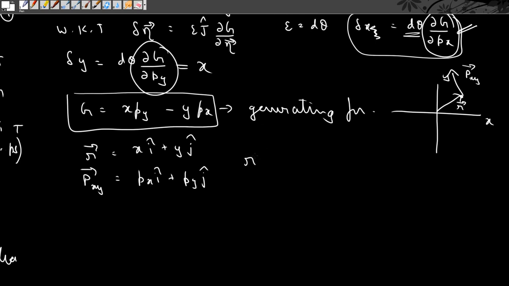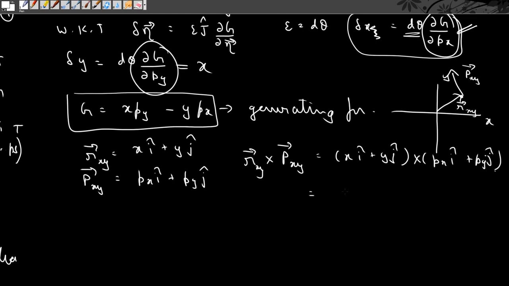And if I calculate r cross pxy, let me call this also xy because it's the projection of the position vector along the xy plane. So rxy cross pxy is equal to xi cap plus yj cap cross pxi cap plus pyj cap.